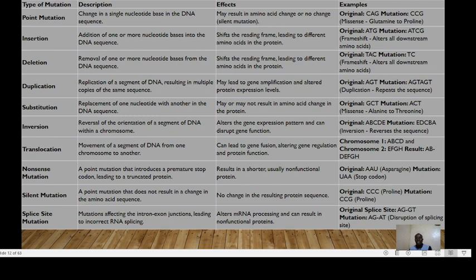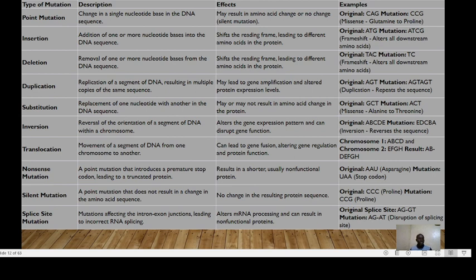For example, if you have the original codon CAG, this is glutamine. The mutation could change it to CCG, where the A in the middle has changed from A to C. So this is a change from glutamine to proline, and that brings about a change.